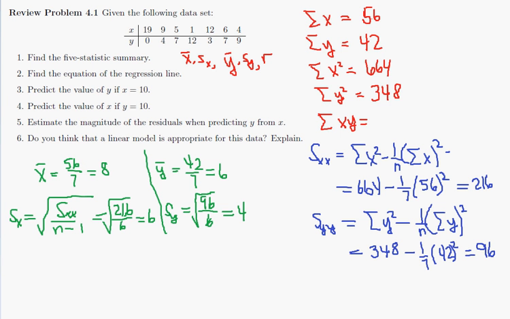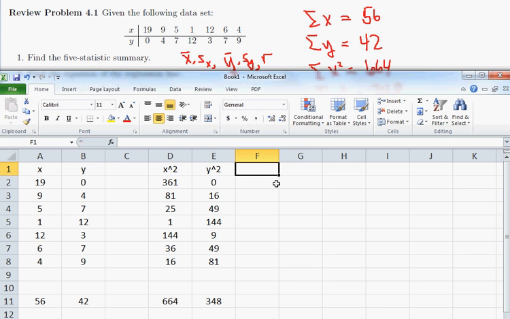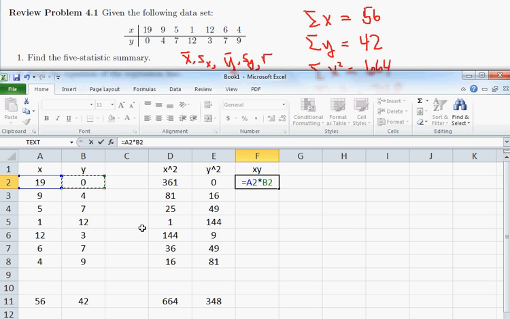The fifth statistic is going to be s sub xy. And this works out to be the sum of x times y minus n times the average of x times the average of y. So the sum of x times y, let's get a new column here, x times y. So that'll be the x value times the y value. So 19 times 0 is 0.